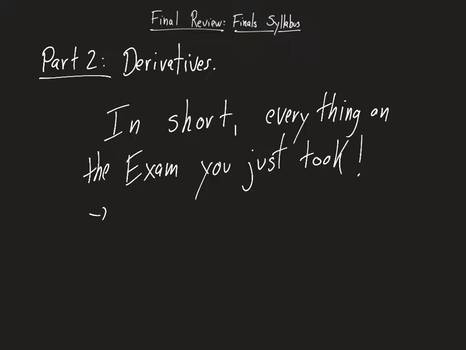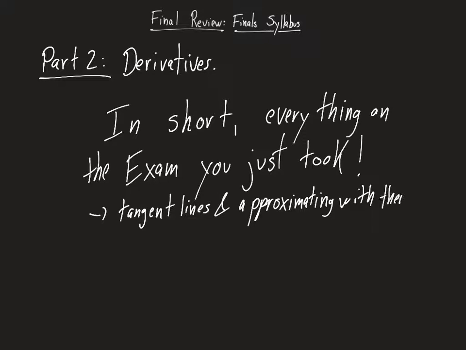So this includes tangent lines, and approximating with them, this includes all derivative rules, and combinations thereof.